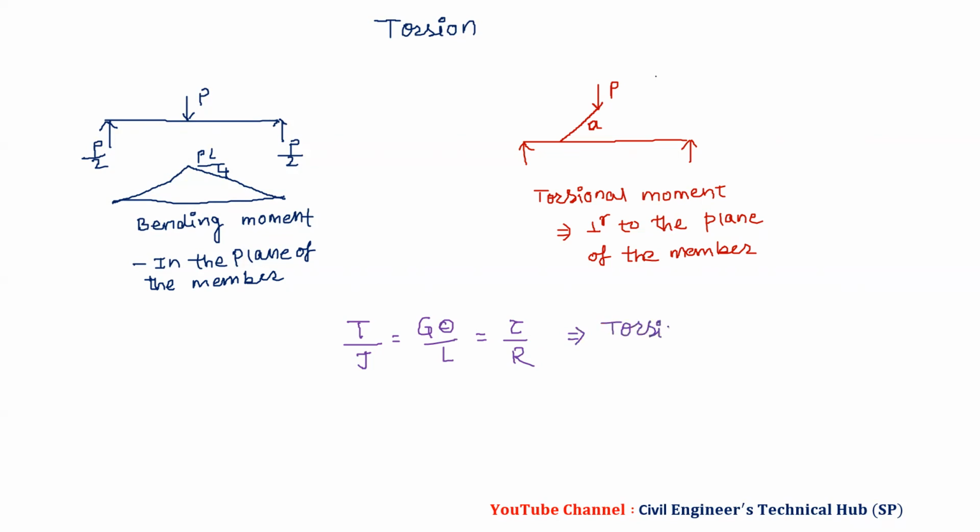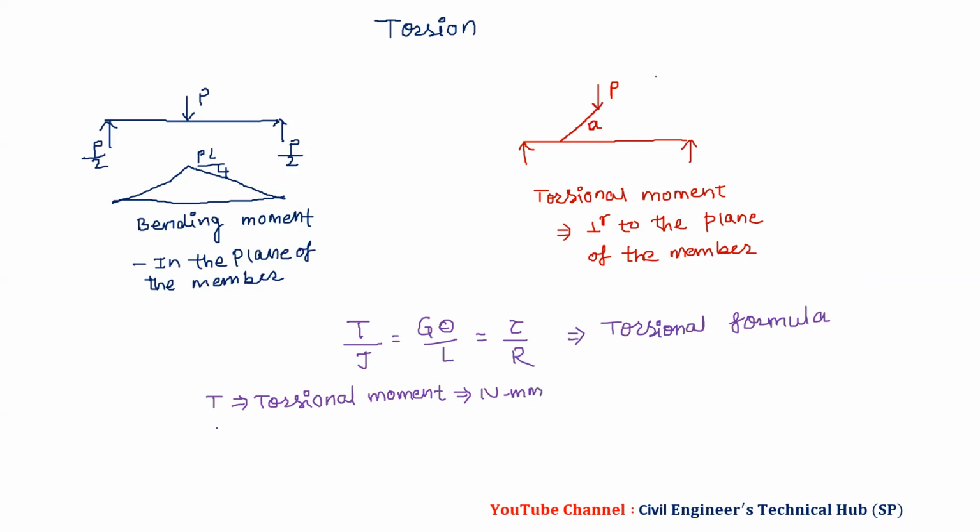He may ask to compare the torsional and flexural formulas. Before this, we will explain all the terms and their units. T is the torsional moment. Torsional moment unit is Newton millimeter.